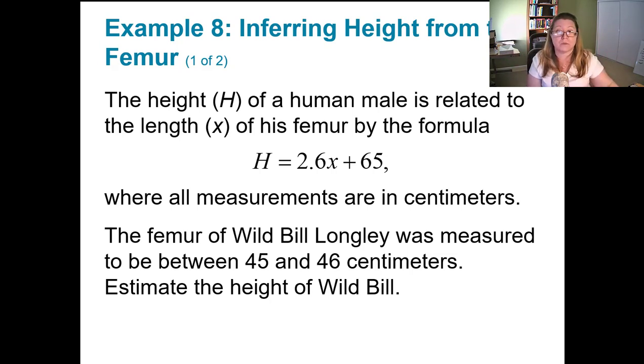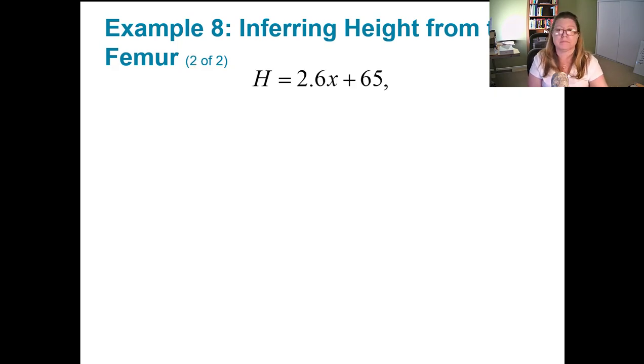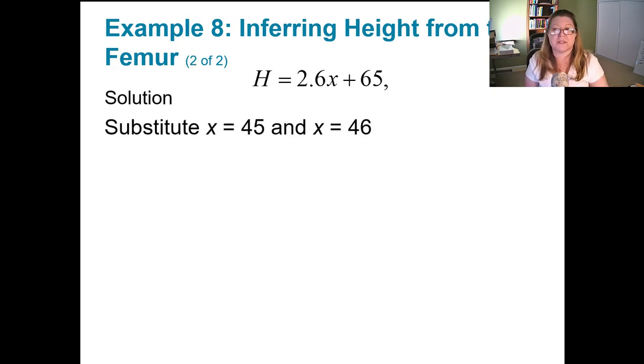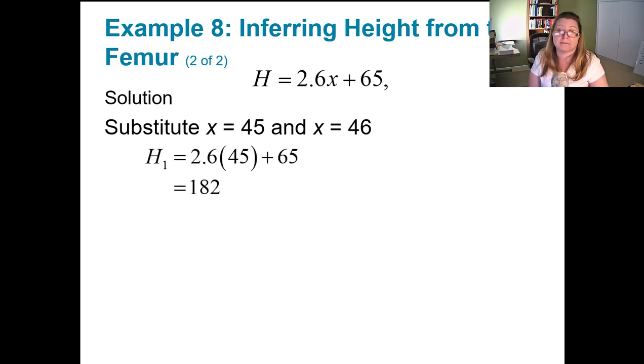So what are we going to do? We're going to plug in these values and see what his height could be. So let's first take 45 and then we'll take 46 and plug them each in separately and figure out what his height range could be. Given 45, we see his height is 182.